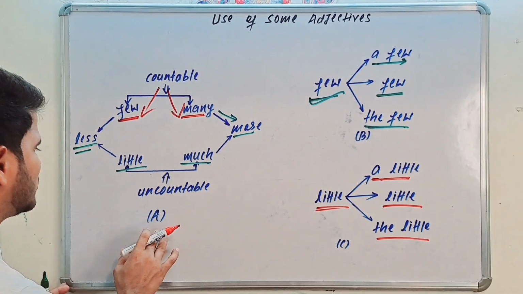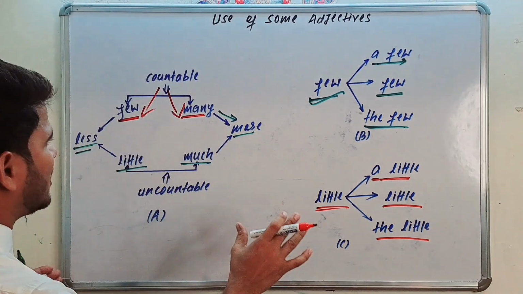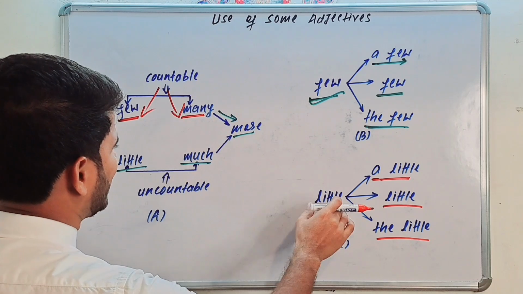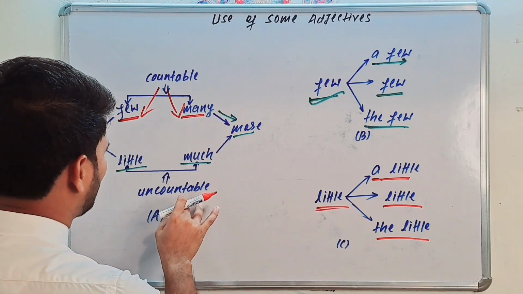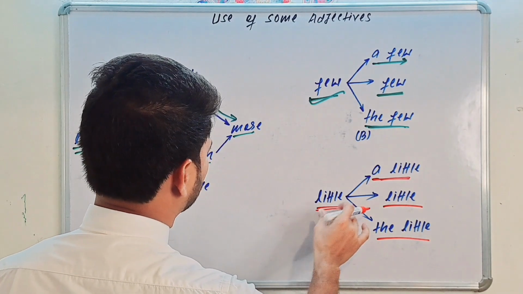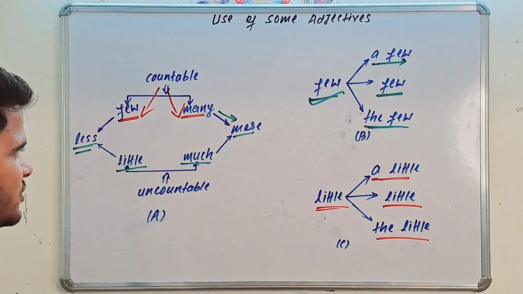And I discussed image A, image B and image C, and I told you everything. Few is only used with countable nouns and little is only used with uncountable nouns. Few represents number and little represents quantity. Like a little knowledge is very dangerous.